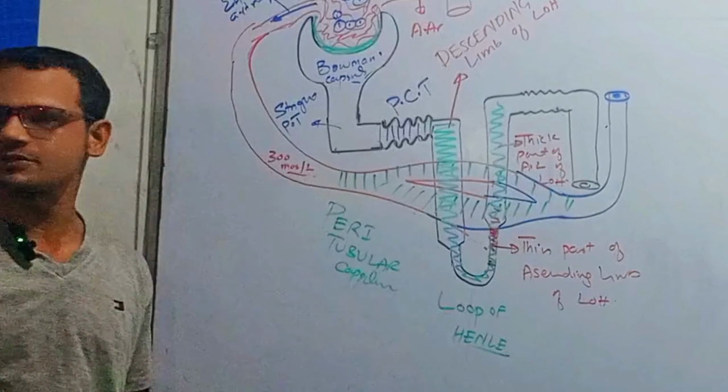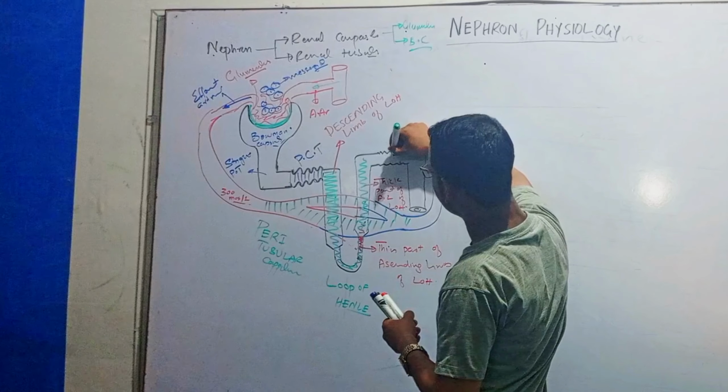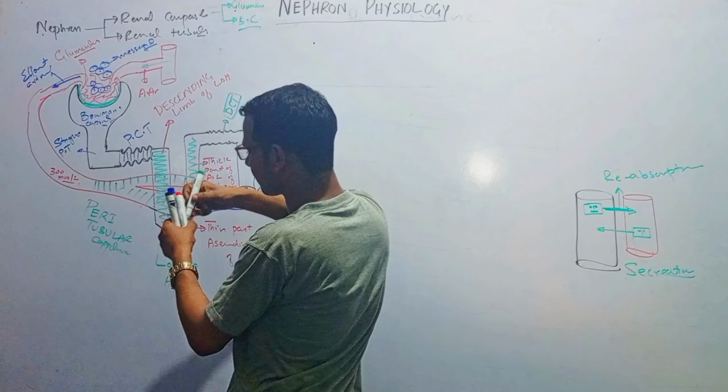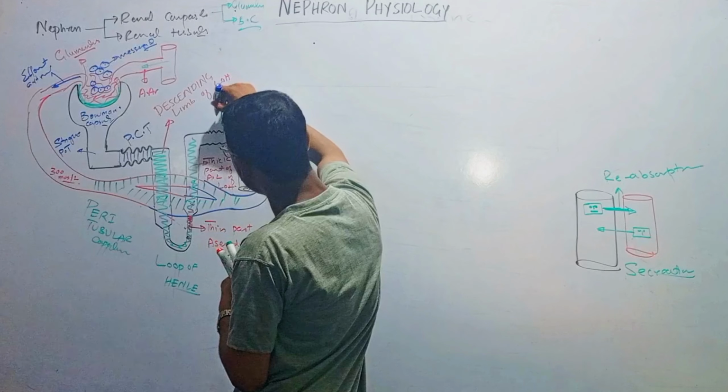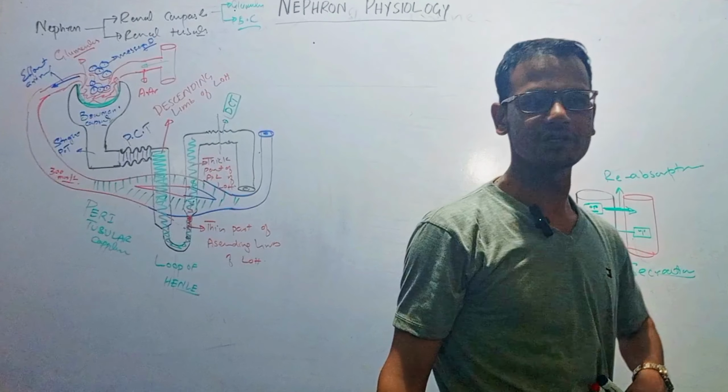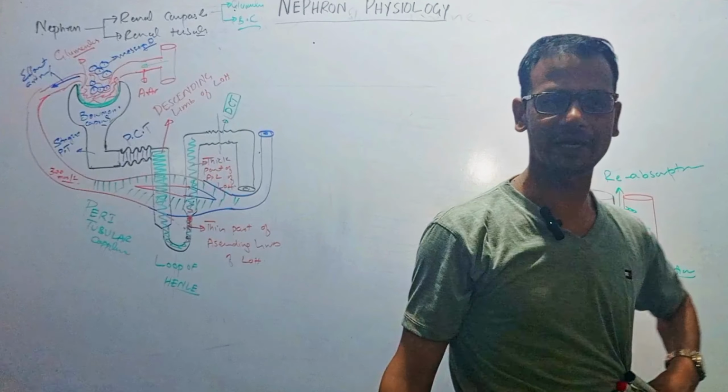Right? And this part is called the distal convoluted tubule generally, but for physiological functions we are dividing the distal convoluted tubule because the mechanisms of physiological functions that occur in the distal convoluted tubule are different from each other, in early as well as in late.